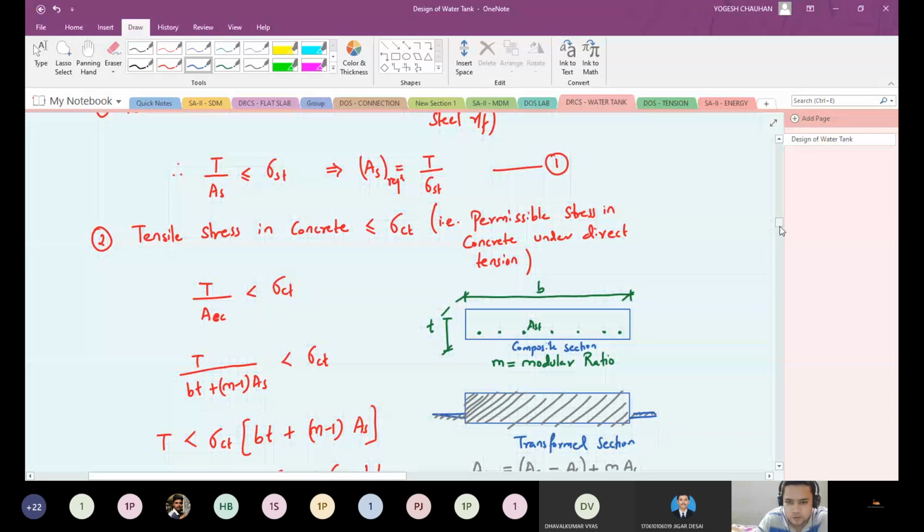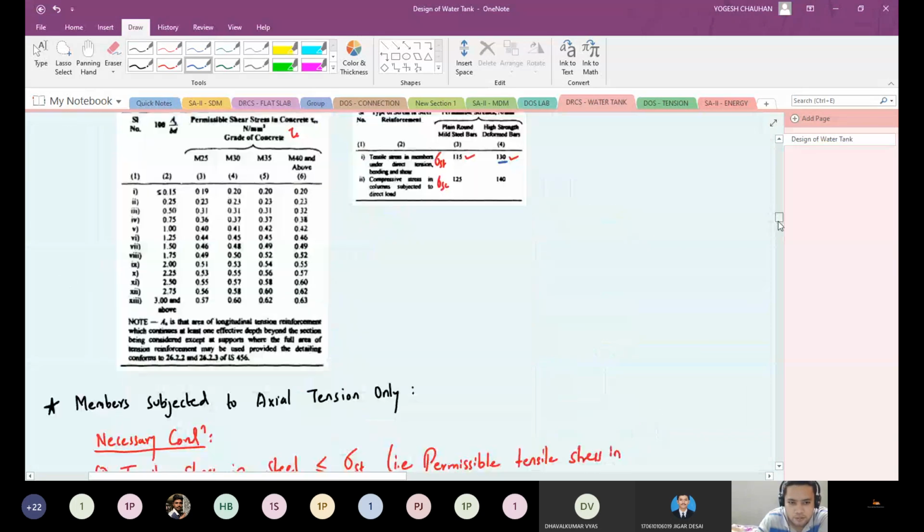Okay, so these are members subjected to axial tension only.